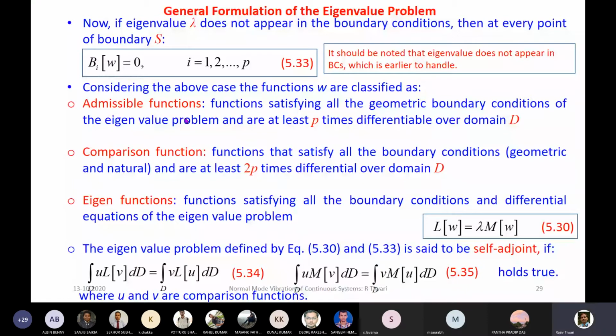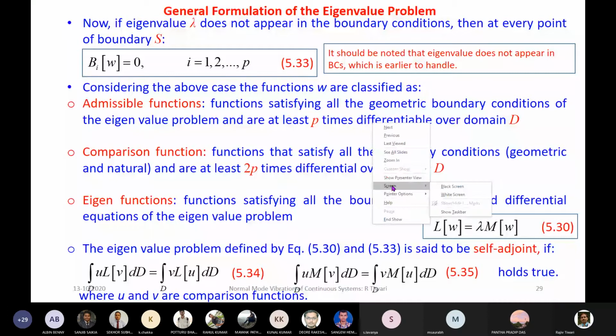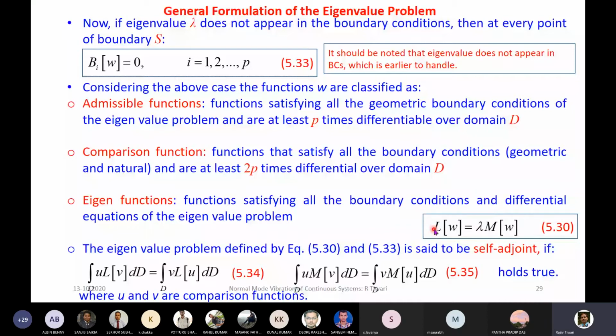Now we'll define some properties of the operators L and M of this eigenvalue problem. If you go back to the discrete system, we defined the mass matrix and the stiffness matrix as symmetric, and that had an effect on the eigenvalues, because when the mass matrix and stiffness matrix are symmetric, eigenvalues are real and positive, so we get real natural frequencies.